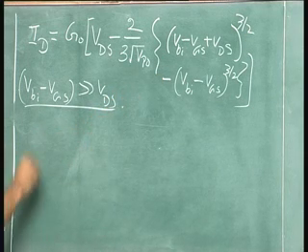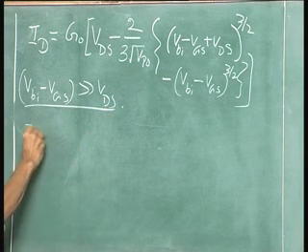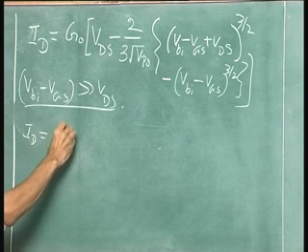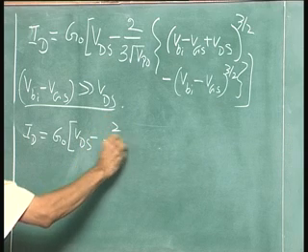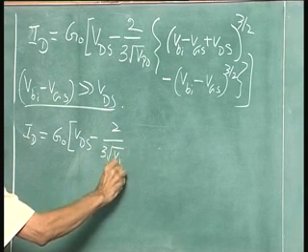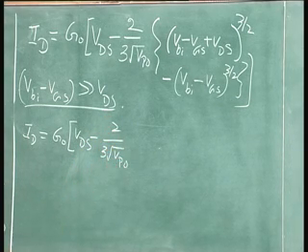Expand that. So, I_d will be equal to G naught into V_ds minus 2/3 of root of V_p0.